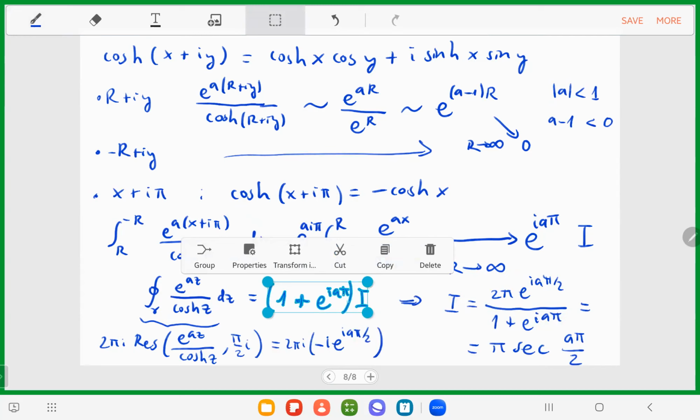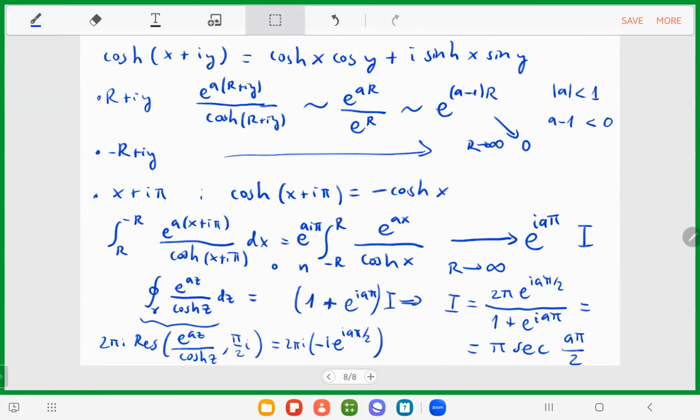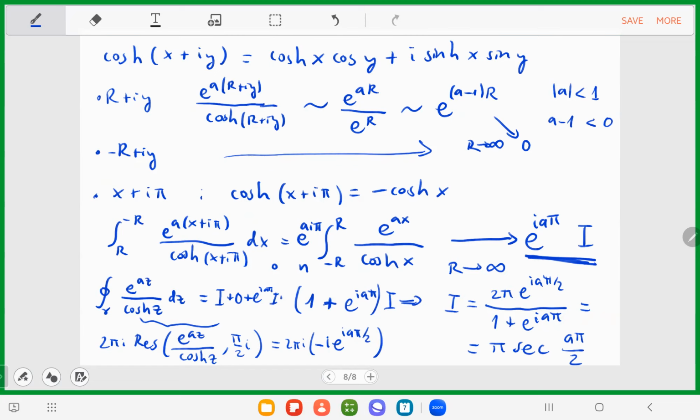Sorry, it's a bit fast. So we have 4 pieces, and the first piece is I, the second piece is 0, the third piece is this exponential of iaπ times I, and the fourth piece is 0. Sorry, too small. You know what I mean, right?